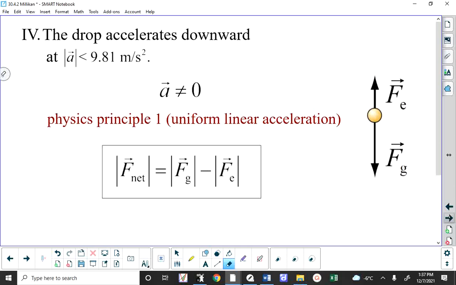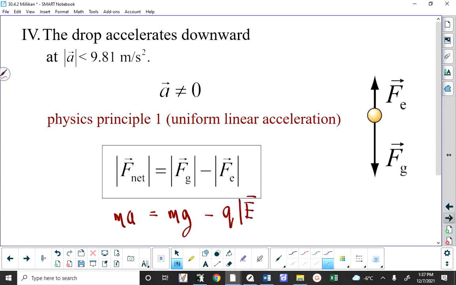The net force will be equal to the gravitational minus the electric, which would mean ma equals mg minus QE. Take a look at what I've written here and what I've written for number 2, I believe. Do you see that they're the same, but you subtract in the opposite order?